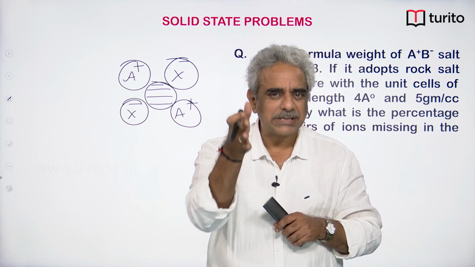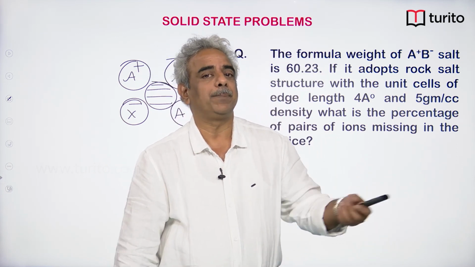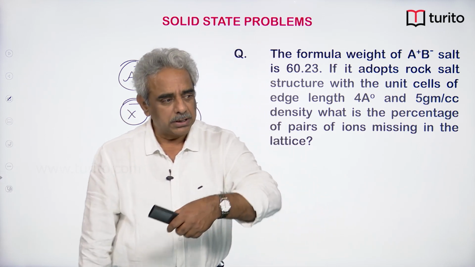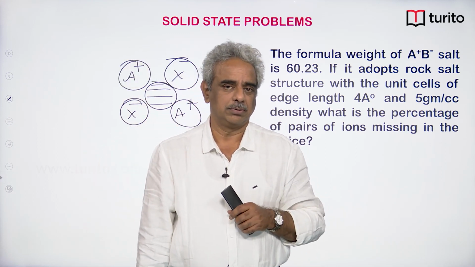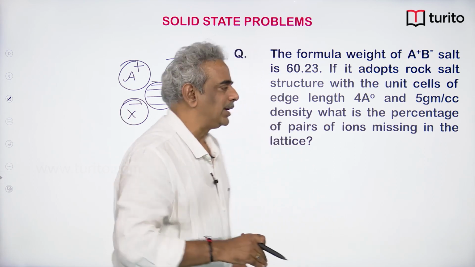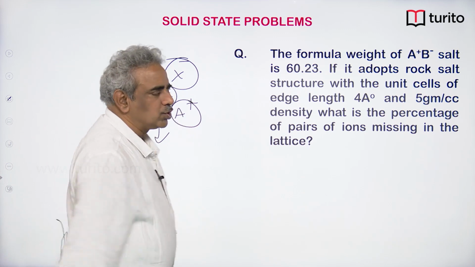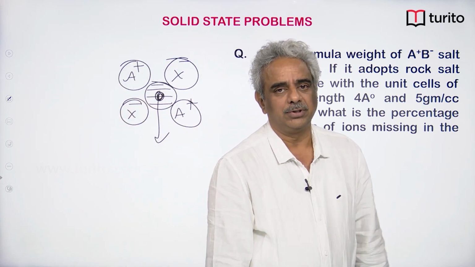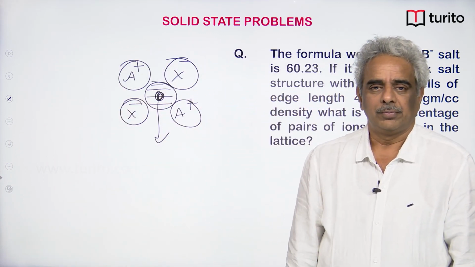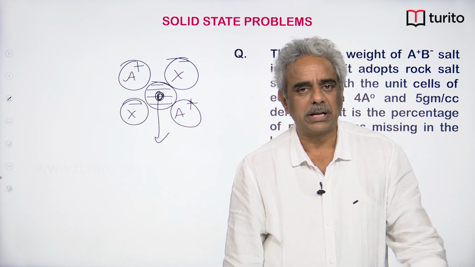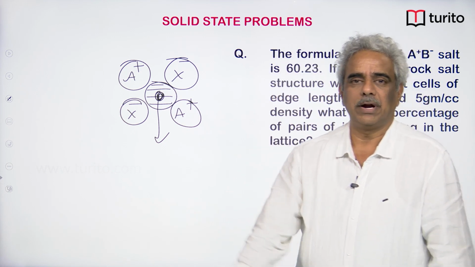We expect a space there in the crystal, in the systematic arrangement of the ions. Suppose someone joins there, in the space you find some ion, that is an unusual ion, unusually joined there. As per the ideal crystal there should be nothing, but one ion has joined.